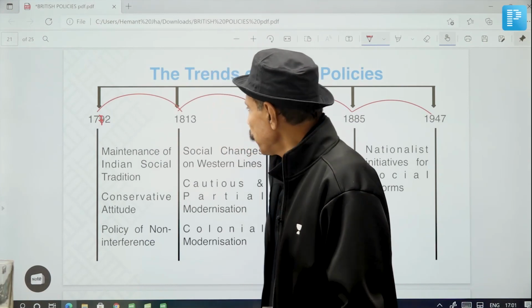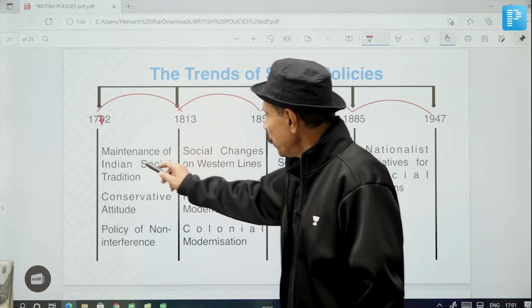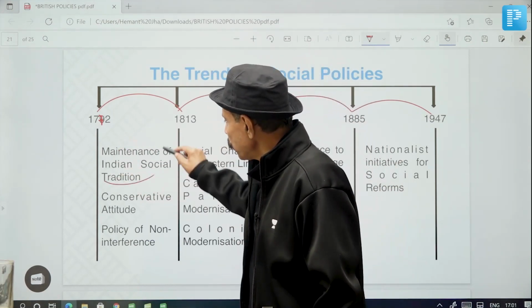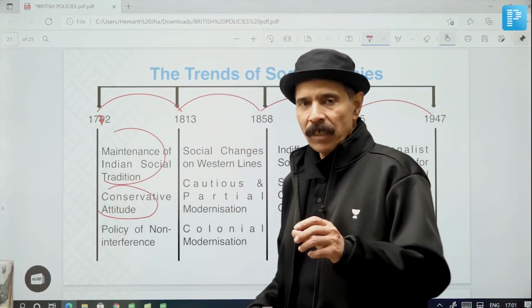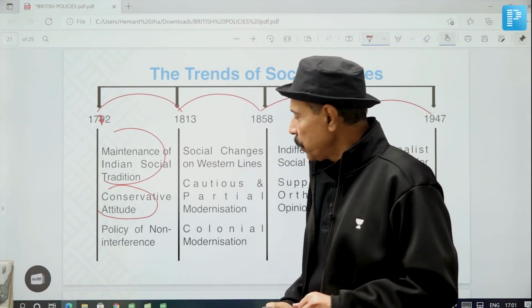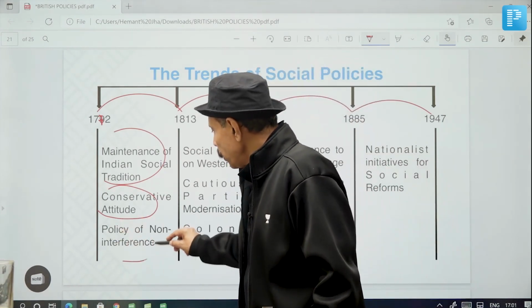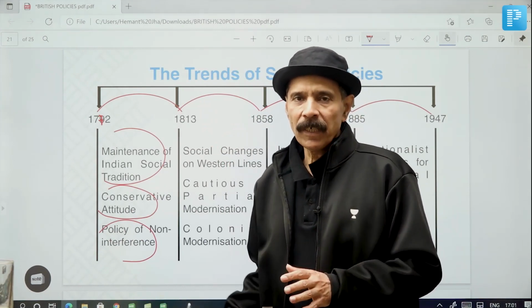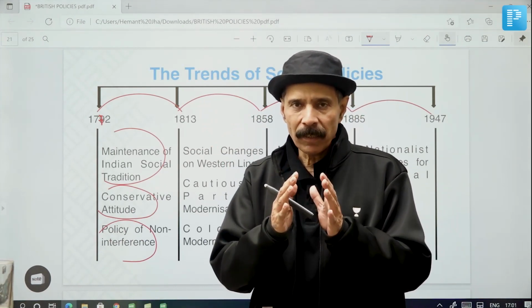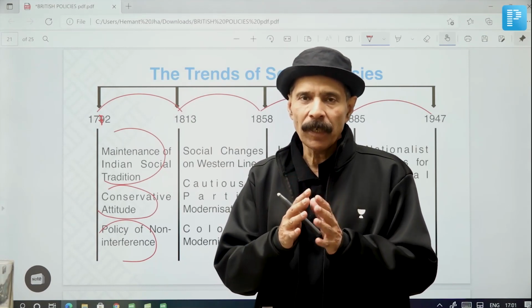So this is phase 1, maintenance of Indian social tradition, conservative attitude, to conserve what was there in India, no change on Western line, and policy of non-interference in social field. So during this phase, British did not interfere in the social educational field of India.